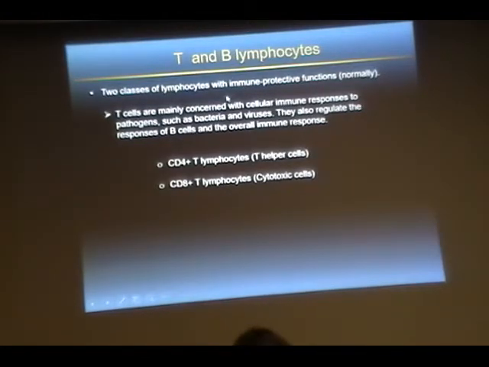The two types of T cells are CD4 T cells and CD8 T cells. It is believed that in mouse, even CD8 T cells can be involved in antifungal immune responses, but predominantly the adaptive immune response is mediated by CD4 T cells, especially T helper type 17 cells, Th17 cells.